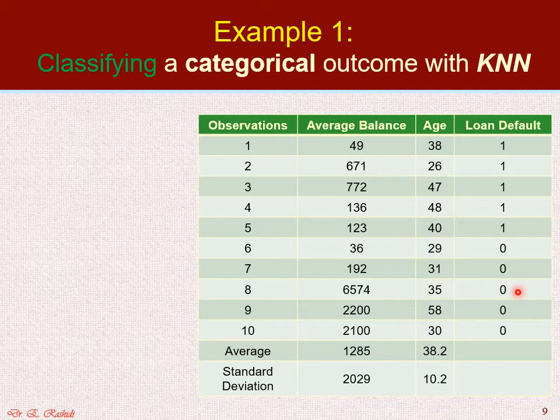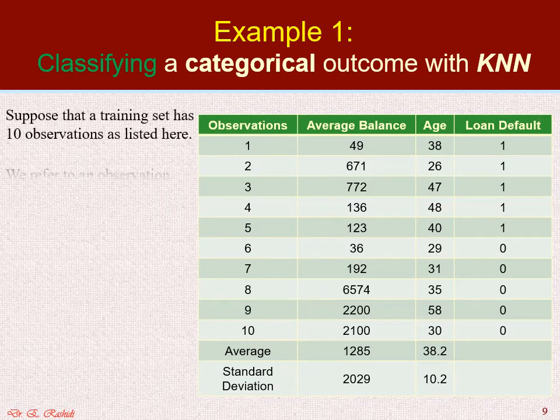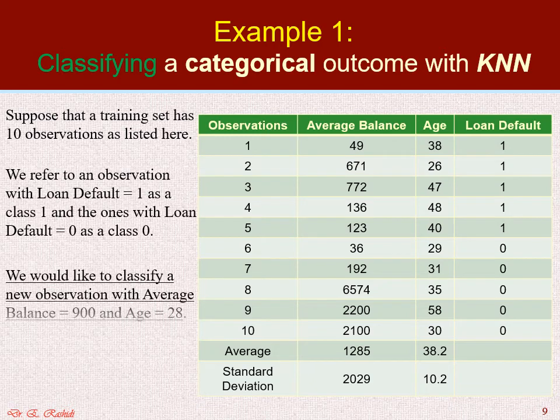So this is the training data that we have, and the bank now would like to make a prediction, a classification, on a new customer based on two features, average balance and age, to see whether they would be a loan default person or not. So we have 10 observations here. This is going to be our training data.